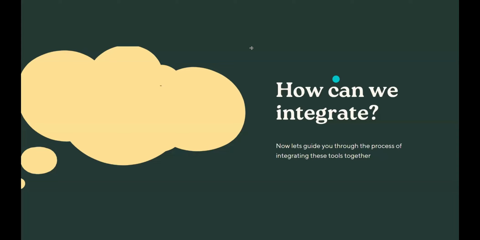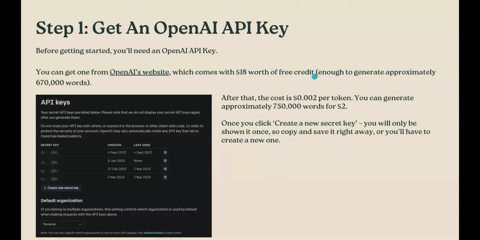So first we're going to talk about how to get an OpenAI API key. If you've signed up with an OpenAI ChatGPT account, when you've made your account, they all come with $18 worth of free credits. And this is enough to generate 670,000 words. So you get quite a lot of free credits if you create an account.